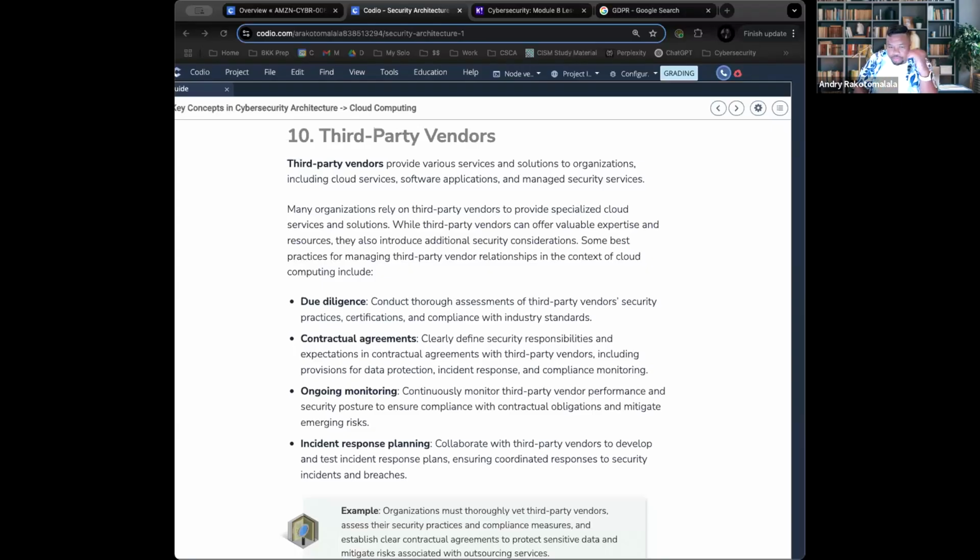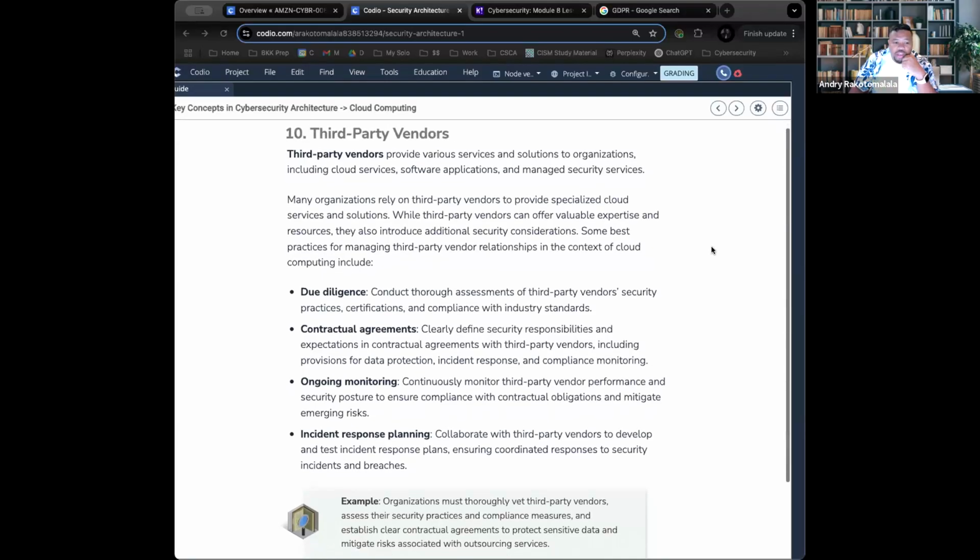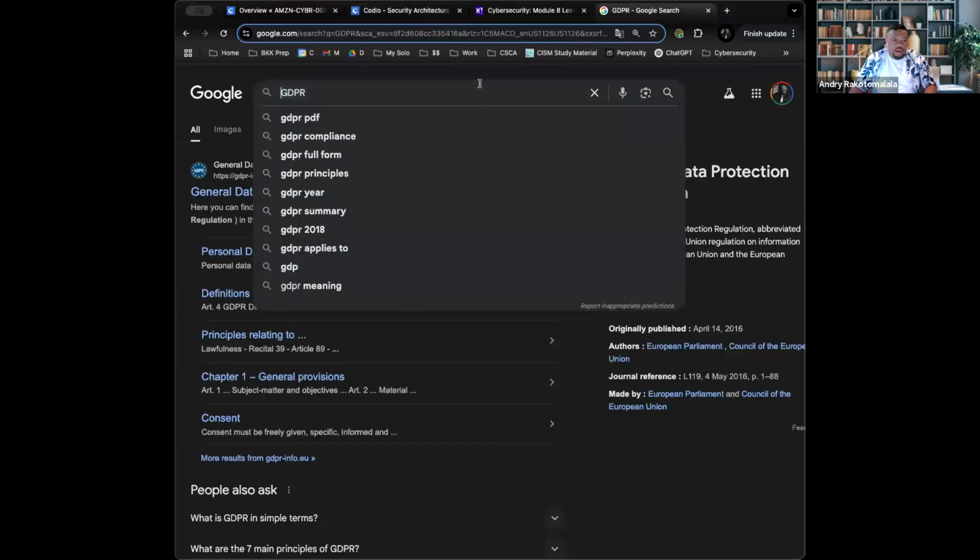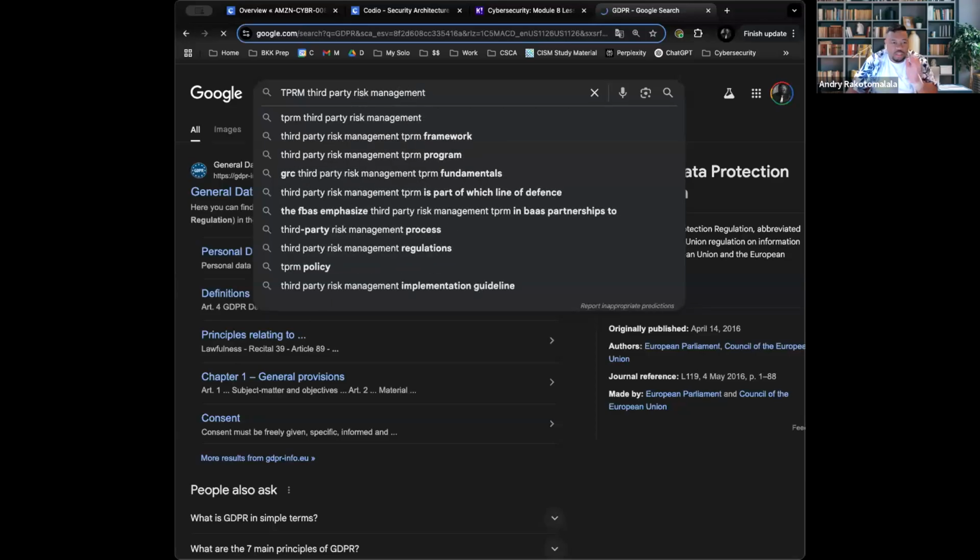Now, in this case, we're talking about a third party to manage your cloud services or your security services and whatnot, right? When you are working with a third-party vendor, you need to do third-party due diligence. That's why there exists an entire industry called TPRM, which stands for Third-Party Risk Management.